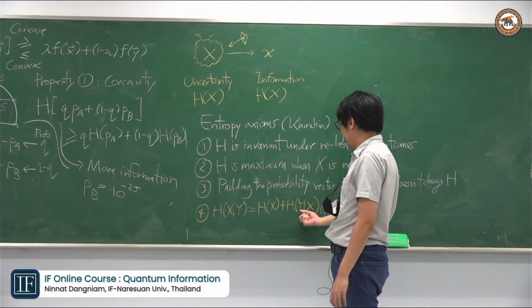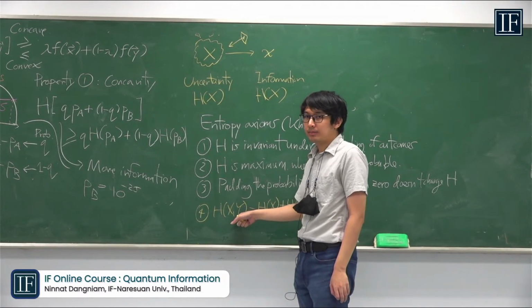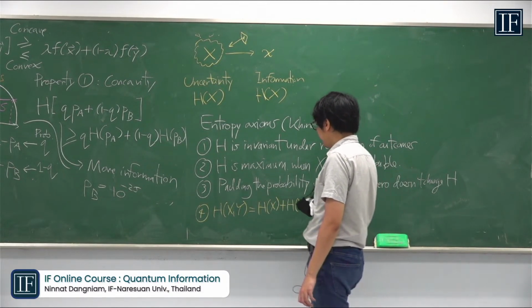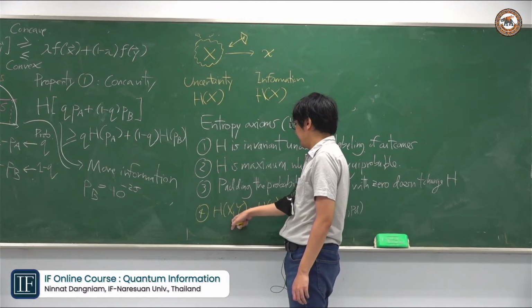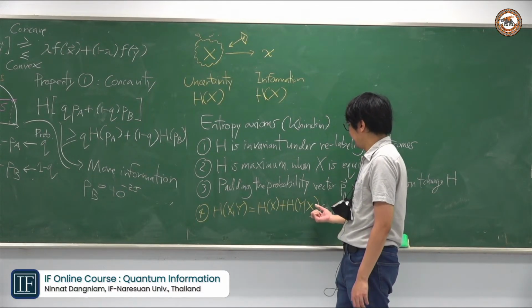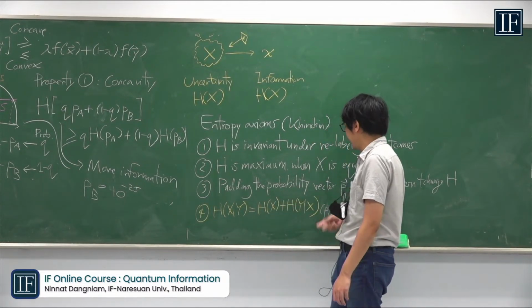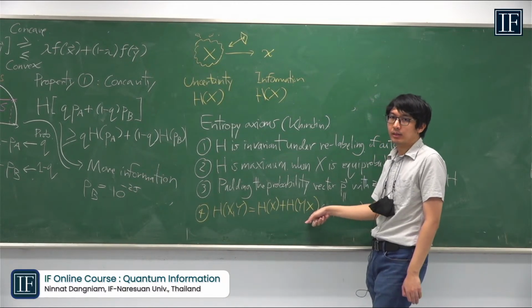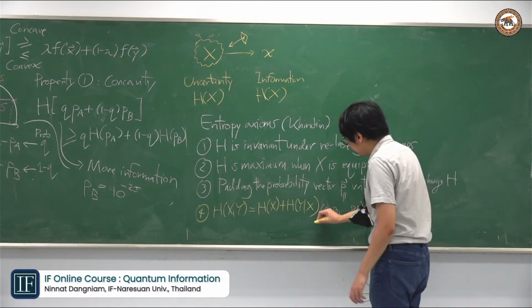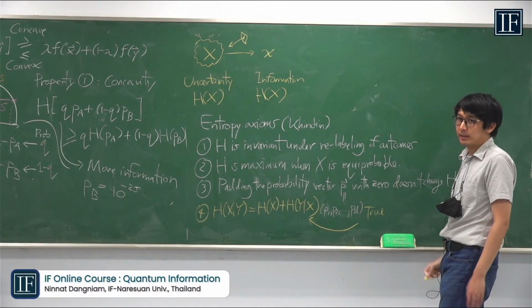This is saying that if I have two random variables and I look at both of them jointly, the joint Shannon entropy is the same as the information from learning both X and Y, which would be the same as learning X, and then learning Y given that we know the information about X. And this is true for Shannon, but not true for other entropies like Rényi entropies.